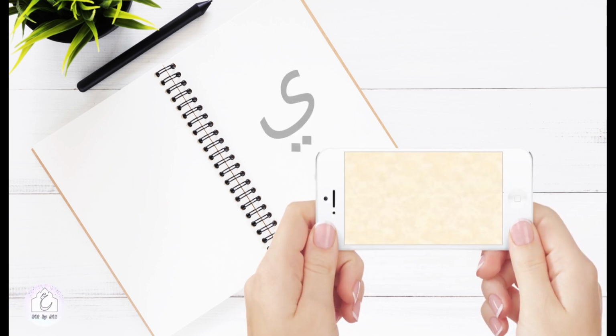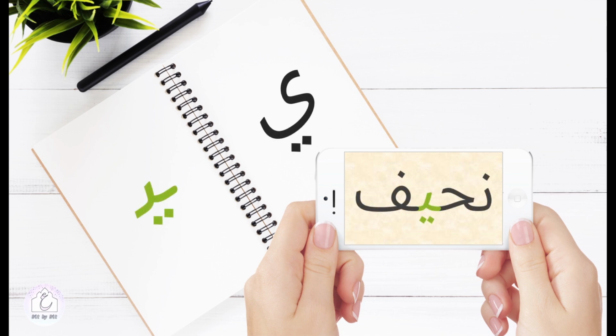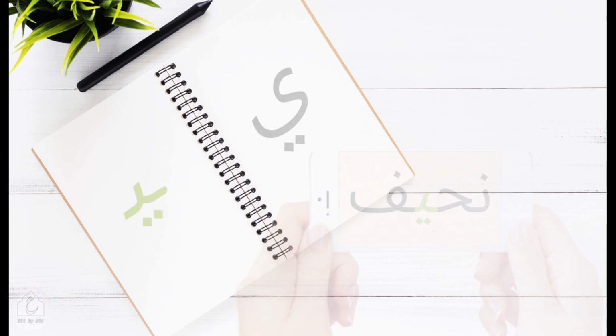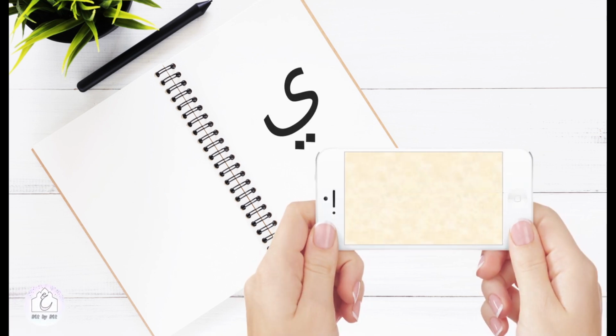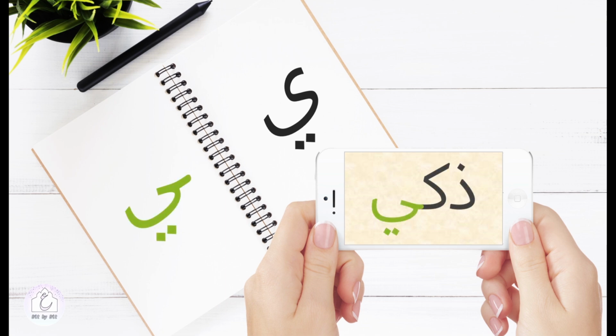In the medial position, it has 2 connecting segments, one coming from the previous letter and the other leading to the following letter. In the final position, it's almost the same as the isolated form. Instead of the small curved line, it has a connecting segment coming from the previous letter.